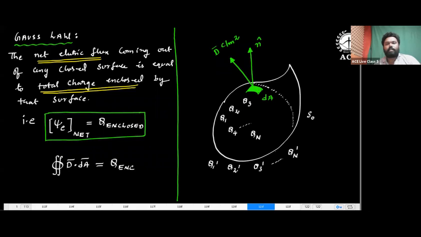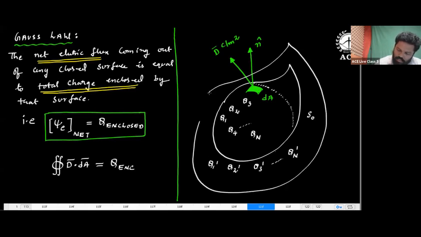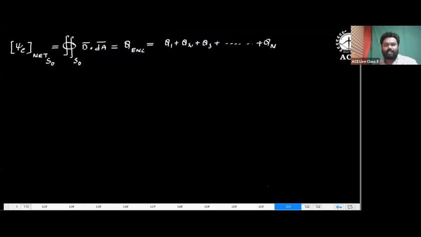Now I'll consider one more surface here. I'll call it the S1 surface. So what is the net flux from the S1 surface? The S1 surface is enclosing the Q charges as well as the Q dash charges. So here it is.